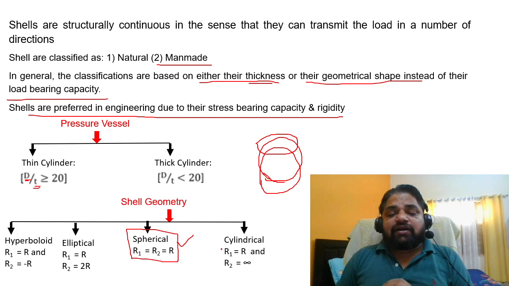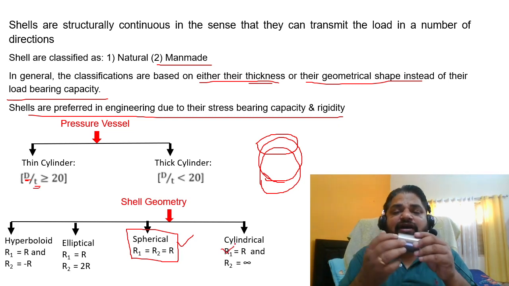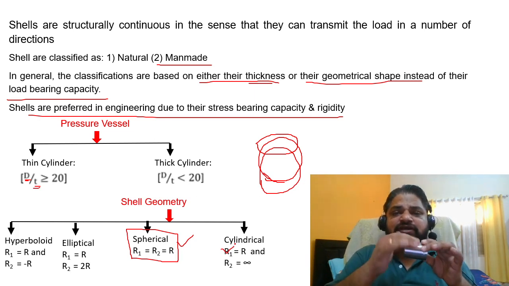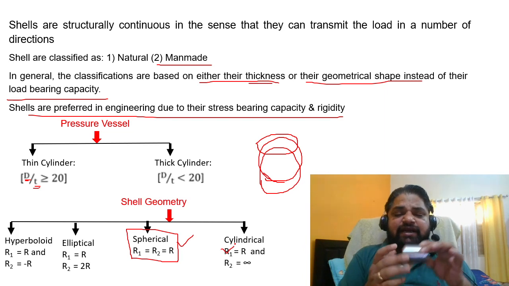Now, it has one curvature, and the other curvature is infinite. That means lengthwise, if I go along one direction there is a curvature, while in the other direction it is straight in nature.